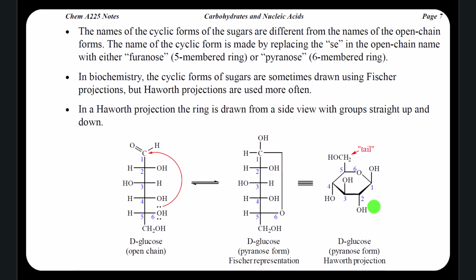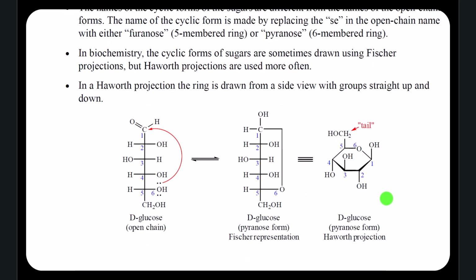Very often in Haworth projections, we will not draw the hydrogens because the structures can become quite crowded. This then would be the Haworth projection of this Fischer projection of a pyranose form, a cyclic form of glucose.